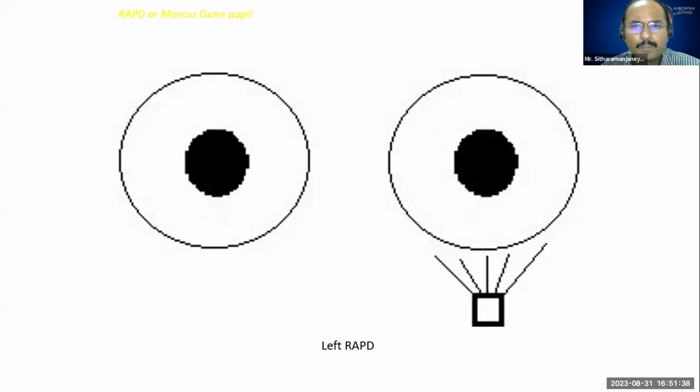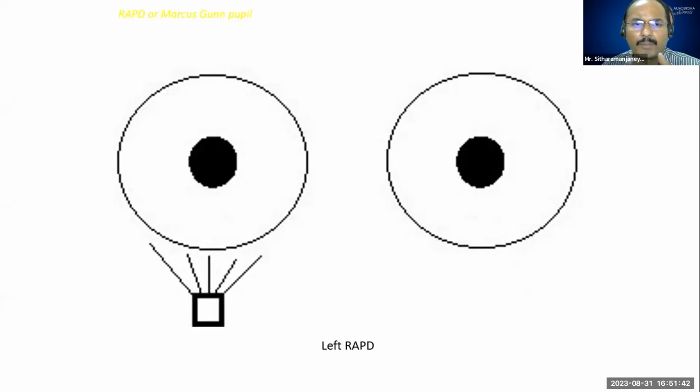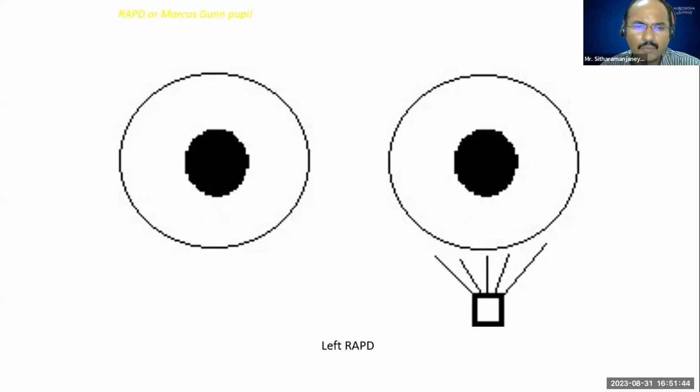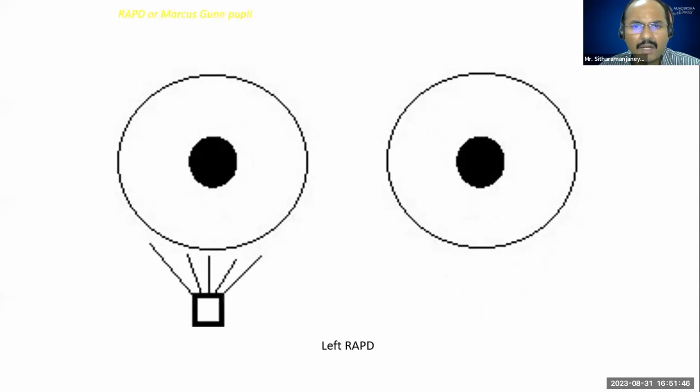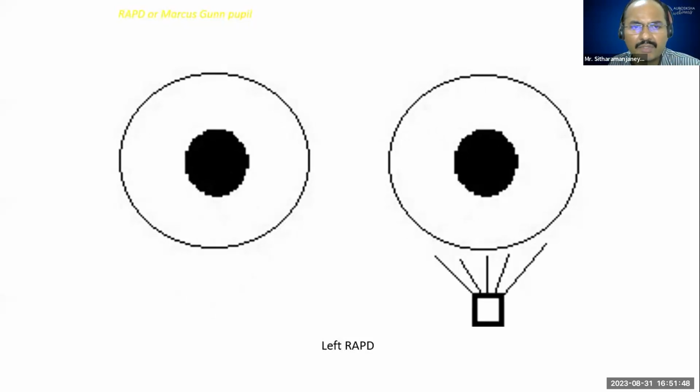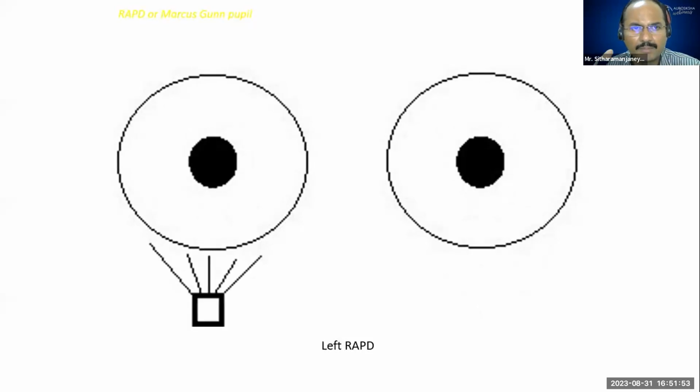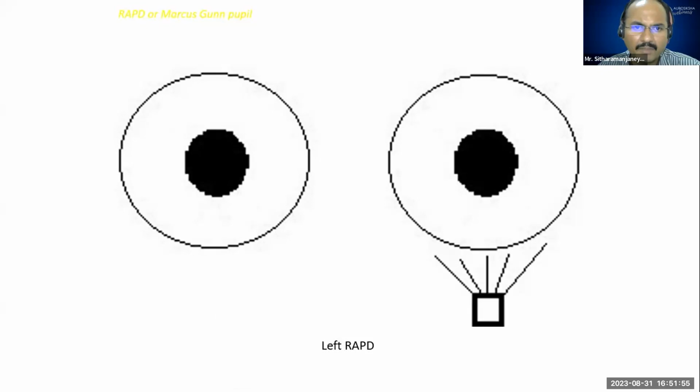RAPD positive is usually seen if there is a serious problem in the retina or optic nerve. This is a very common and simple test which will give you a clue to investigate a serious retinal problem or optic nerve problem.